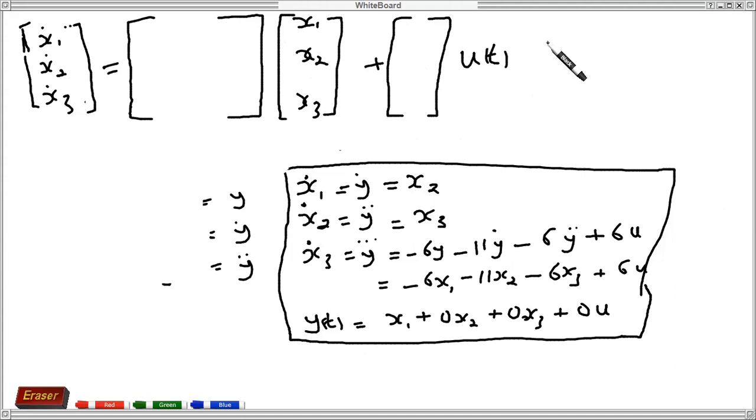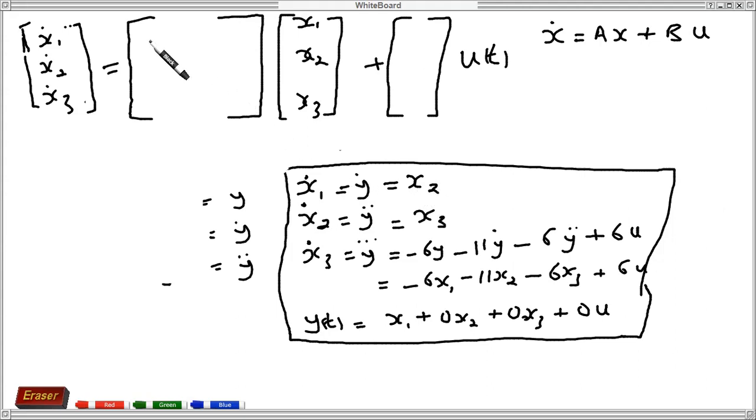Remember, we want to write this as x derivative is Ax plus Bu. So we start with x1 derivative, which is only a function of x2.